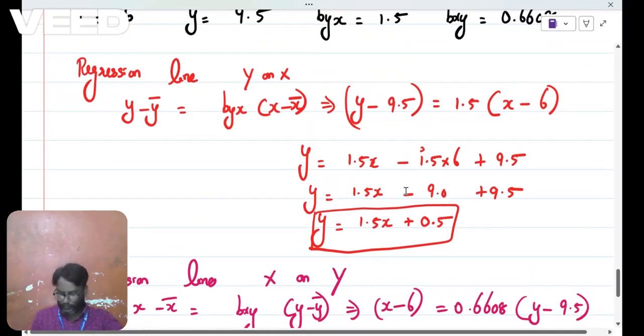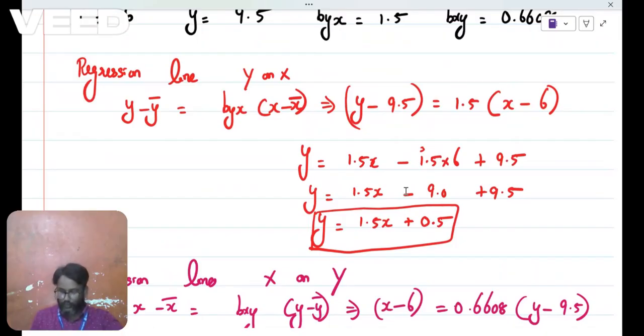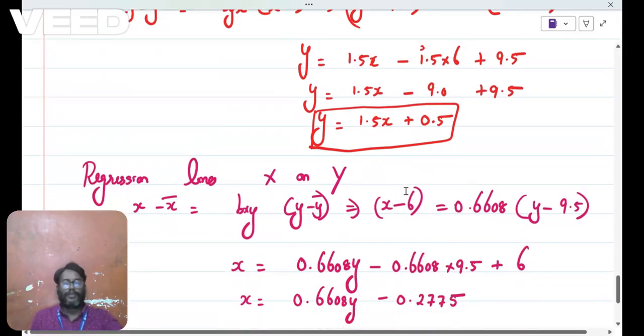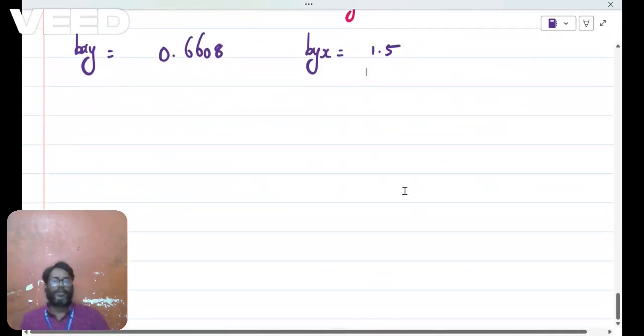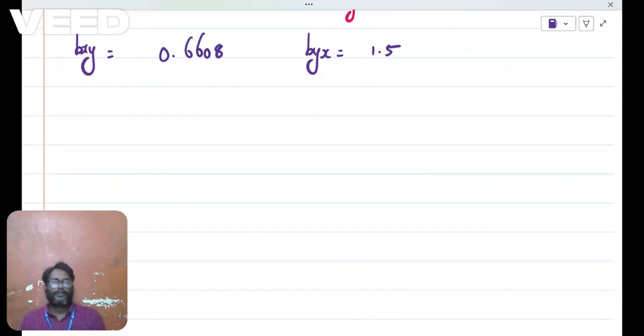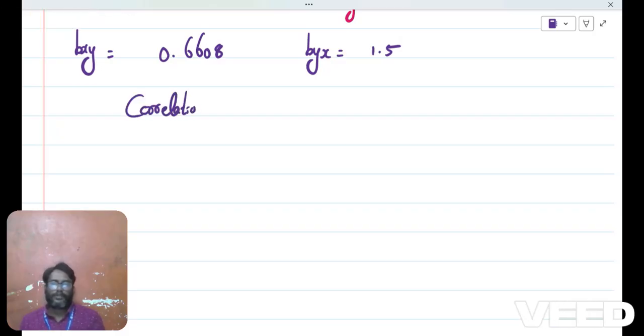So now we will find the correlation coefficient. These are the regression coefficients.